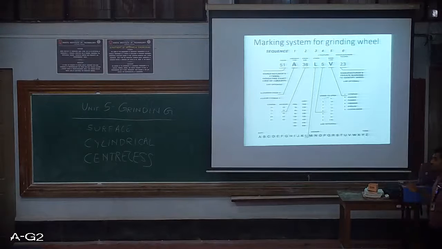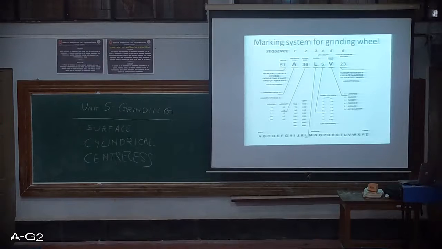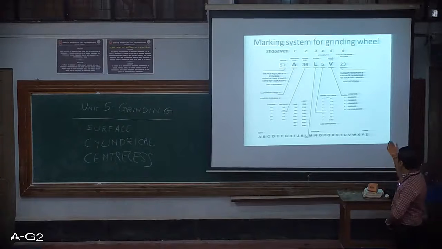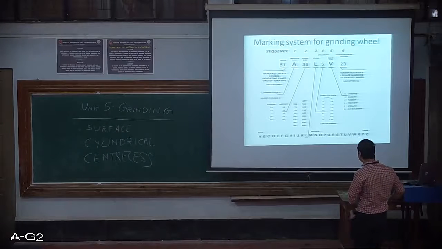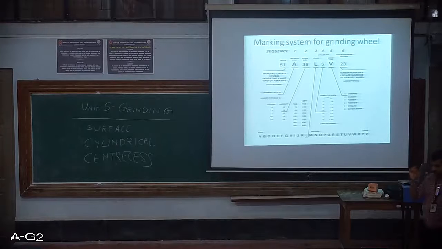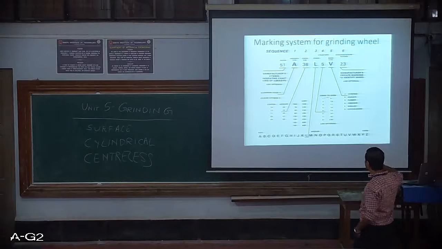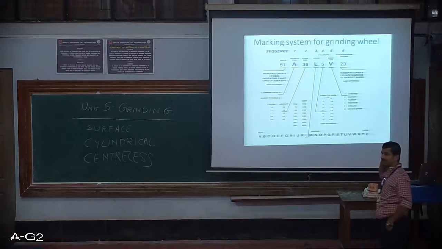You are just compiling all of them into a nomenclature. It goes like this. It consists of 7 terms: 51, A, 36, L, 5, V, and 23.